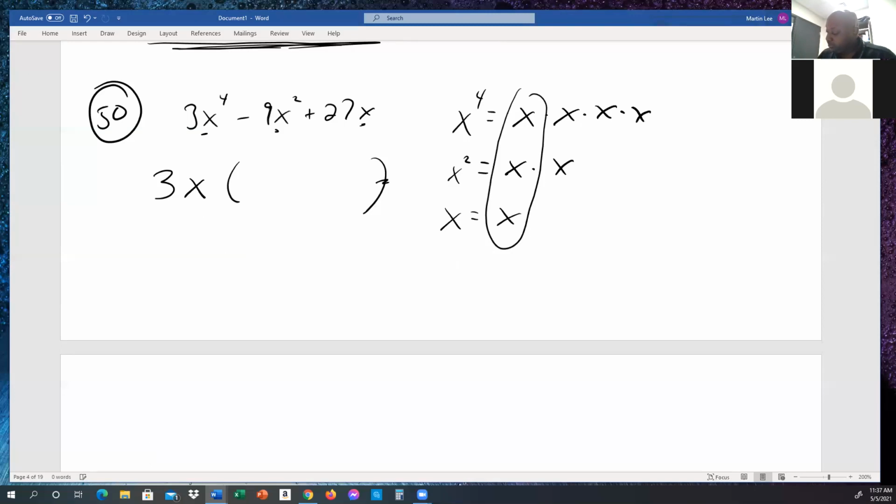So what does this leave me with on the inside? Well, 3x times what will give me 3x to the fourth? Well, it's just x to the third. Okay. 3x times what gives me negative 9x squared, negative 3x.